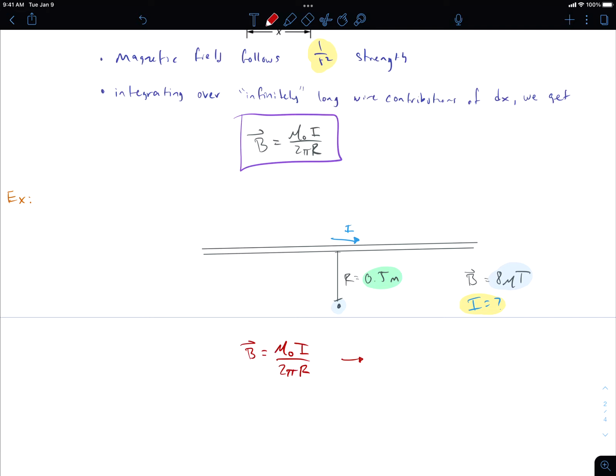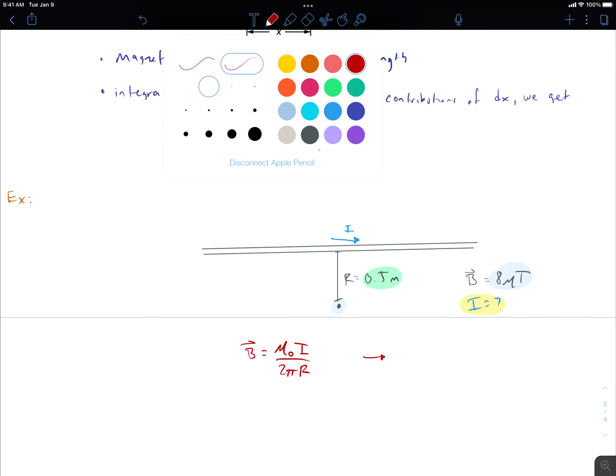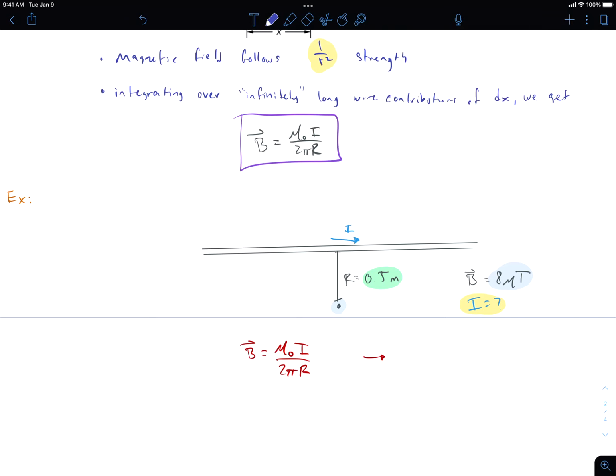Okay, so what we should end up with here, we're starting with our formula. We're looking for current. So what I like to do, of course, before we even hop in here, is try to get current by itself. So if I multiply both sides by 2 pi r, then this will cancel on the bottom.